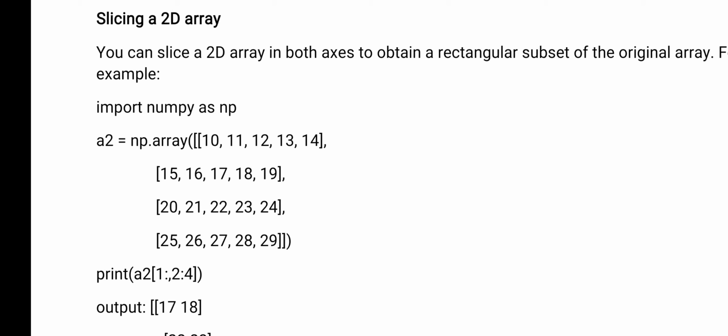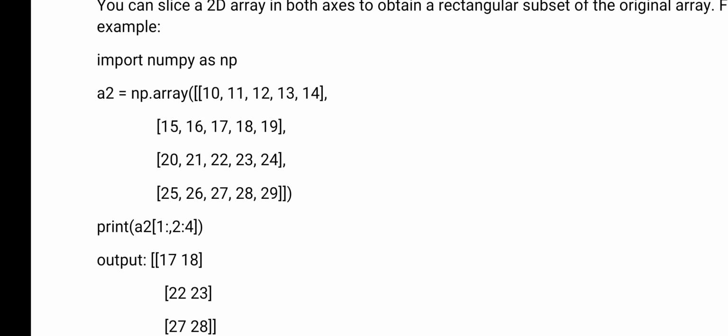Now in the two-dimensional array, see, a total of 4 rows and 5 columns are there. You see the print statement. In the print, we are printing elements from array A2. What is the starting? 1. Then 1 colon 2 colon 4. 1 means what actually? Here we are retrieving elements from the second row.